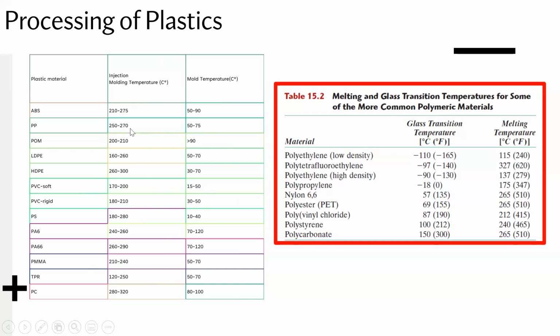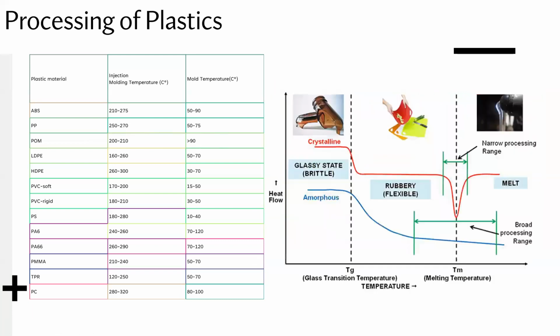So for instance, if you have polypropylene, you want to heat it up to 250 to 270 C. And then once you've injected it and made it into the shape you want, you then cool it down to 50 to 75 C. And that will give you a stable manufactured object. So really the range we're looking for, depending on what your process is, is somewhere close to the melt temperature.